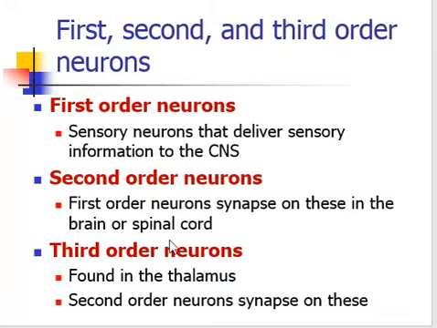From the thalamus, the third order neuron is initiated, and finally it reaches the cerebral cortex. So it is like a relay system that sends the impulse through the different types of neurons.